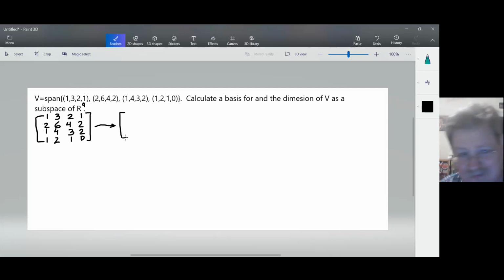Now, I'm going to jump ahead a little bit here. It's not that difficult a task, though. If we put this into row echelon form, we get 1, 3, 2, 1. That first row doesn't change because it's just row echelon form. And then our second row becomes 0, 1, 1, 1. And then the third and fourth rows are all zeros.